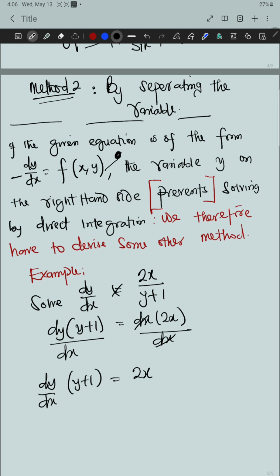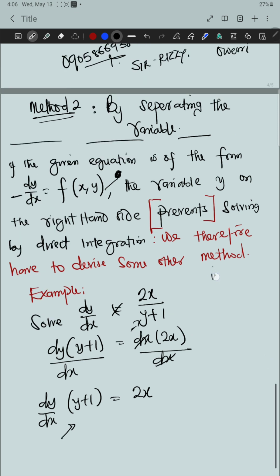Now you can see that the variable y was on the right hand side before, so you can't do a direct integration.